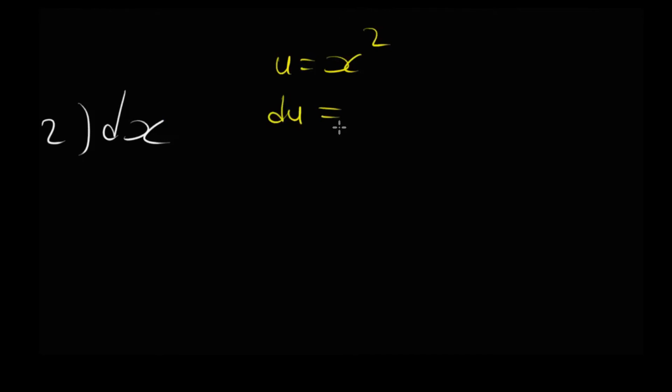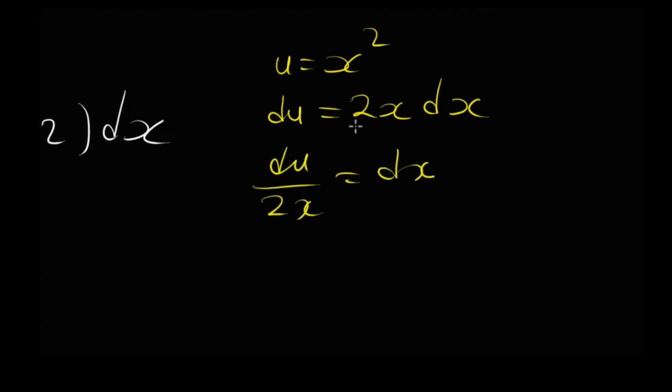You differentiate this, it will be 2x dx, right? And then that means du is equal to 2x dx. So now to find dx, you just have to bring this over: du over 2x is equal to dx.